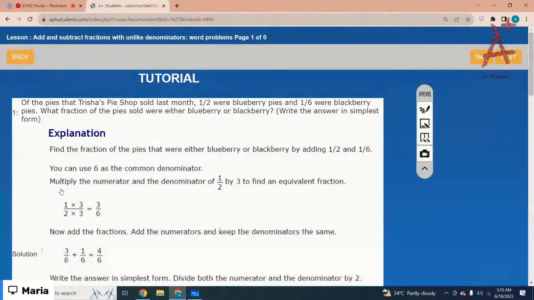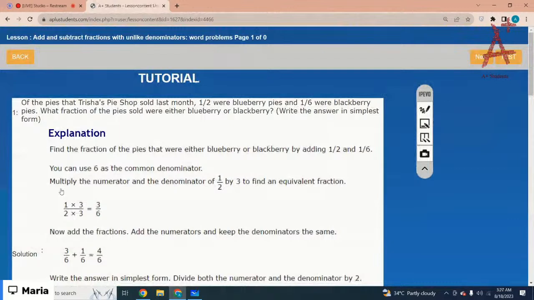Okay, let's just start with the first example. Of the pies that Trisha's pie shop sold last month, one half were blueberry pies, and one sixth were blackberry pies.